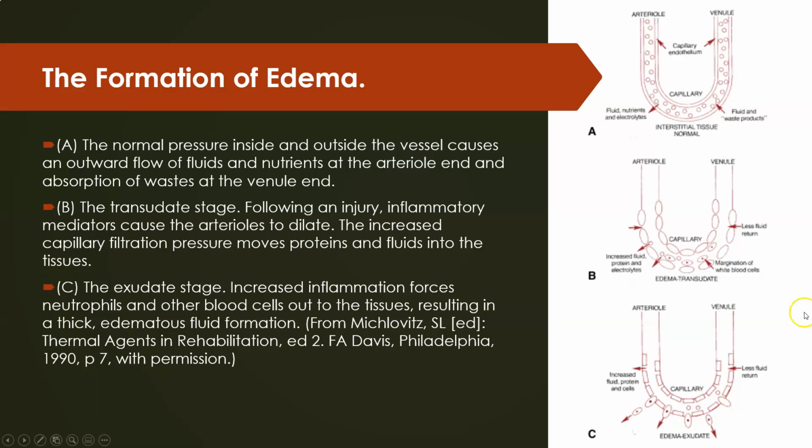So after an injury, however, if you remember, we increase the capillary permeability. And as we increase the capillary permeability, that's really important for this margination of white blood cells or leukocytes. Margination is just the movement of these out into the area so that they can do the things that they need to do.